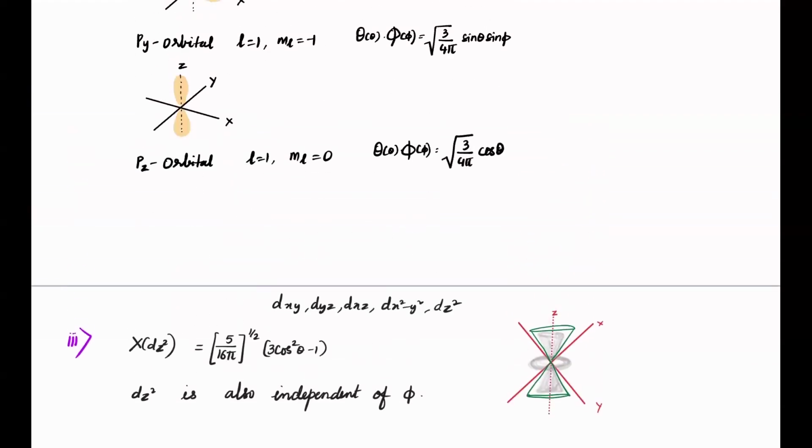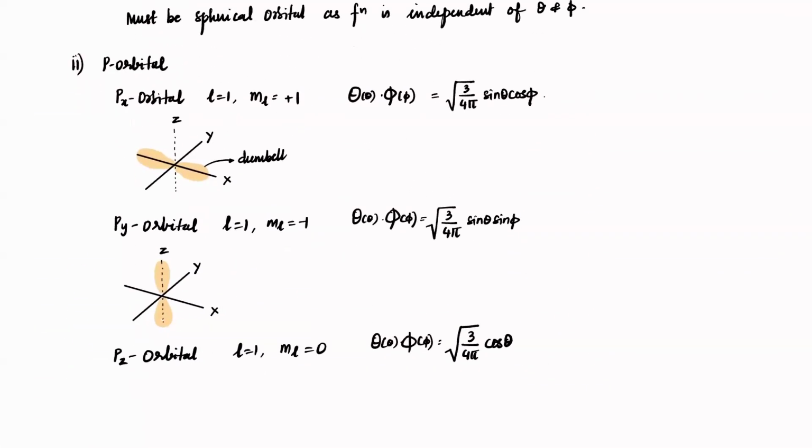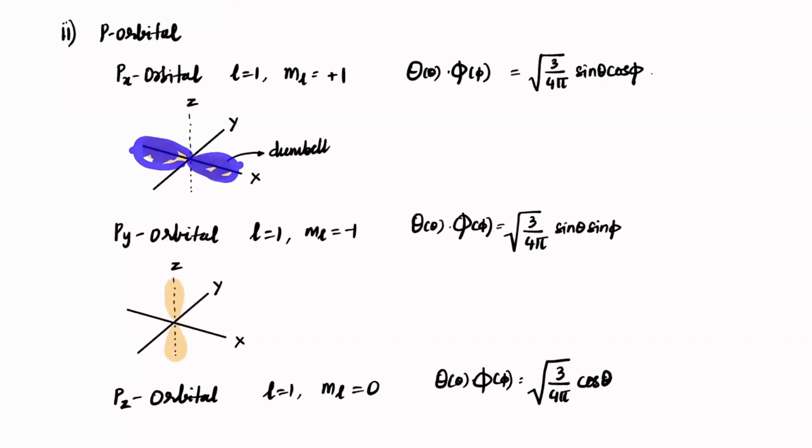Now before going into that, in p orbital, have you noticed something very interesting? If you have to find a particular plane where the electron density in this double dumbbell is not present, notice carefully here. This is your xy plane.